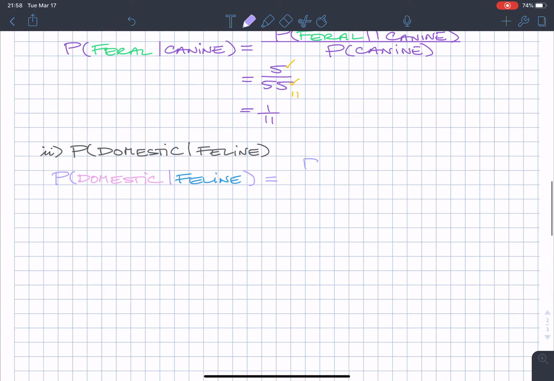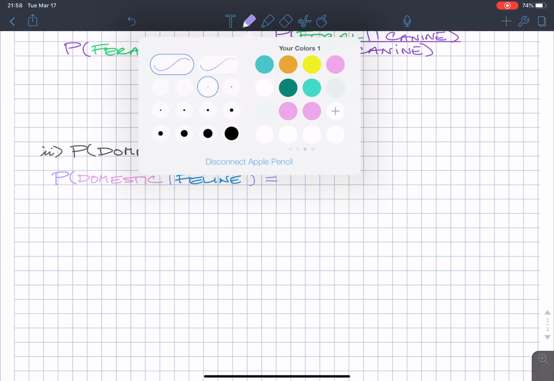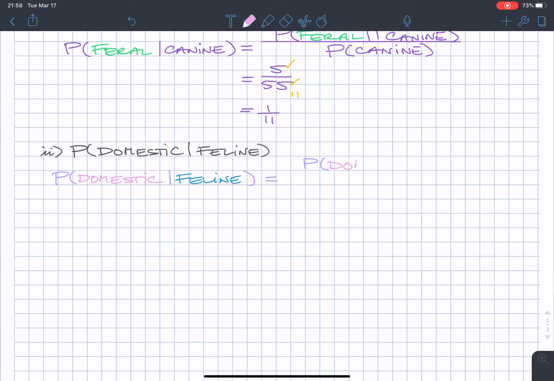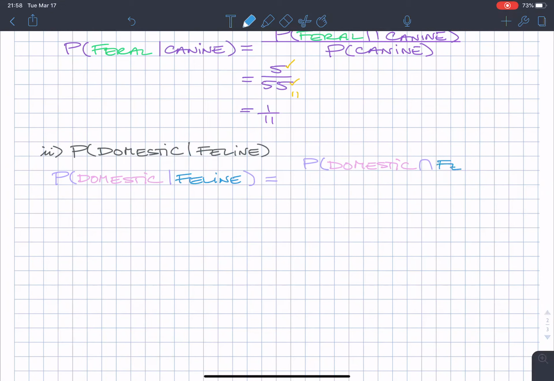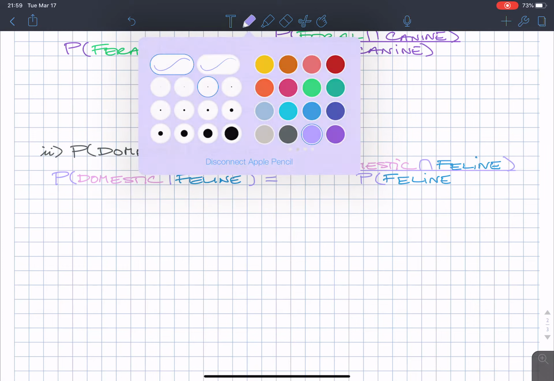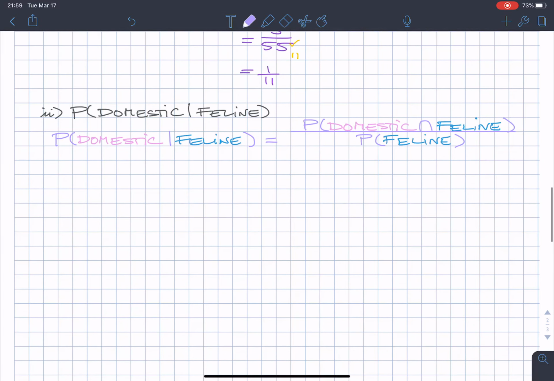So this becomes the probability of being domestic and feline divided by the probability of being feline. Okay, so let's look at the chart.